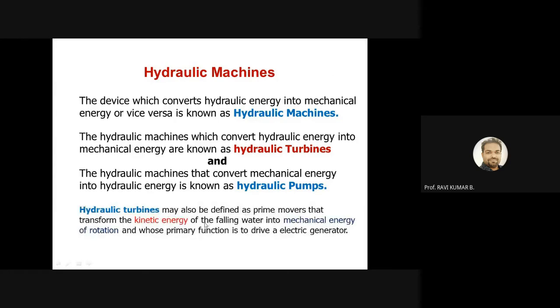So a hydraulic turbine may also be defined as a prime mover that transforms kinetic energy of falling water into mechanical energy of rotation, and whose primary function is to drive an electrical generator. So this is the setup. These are the basic definitions and differences between hydraulic turbines and hydraulic pumps.